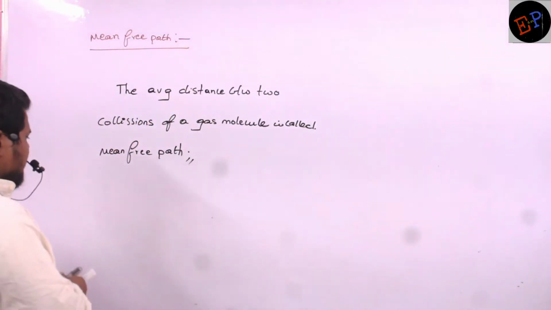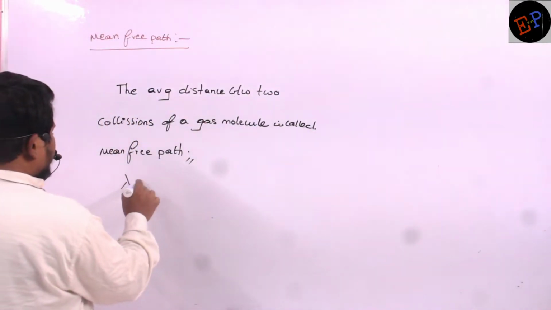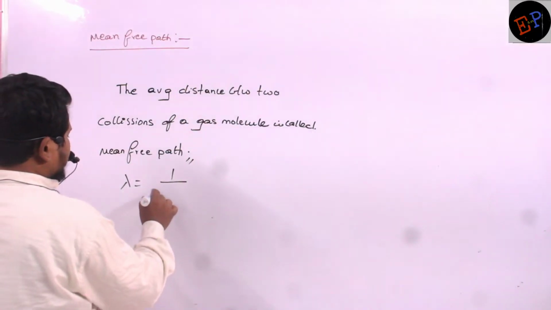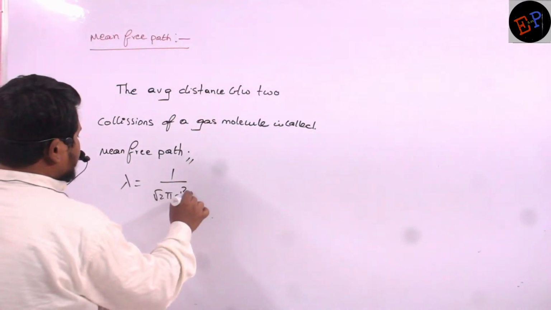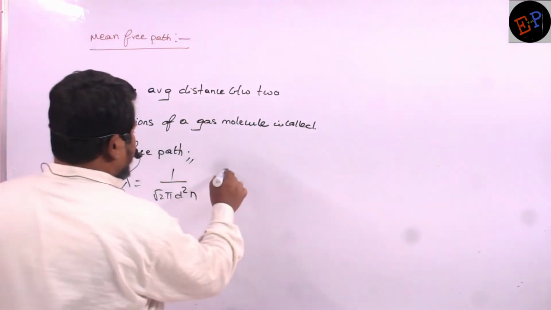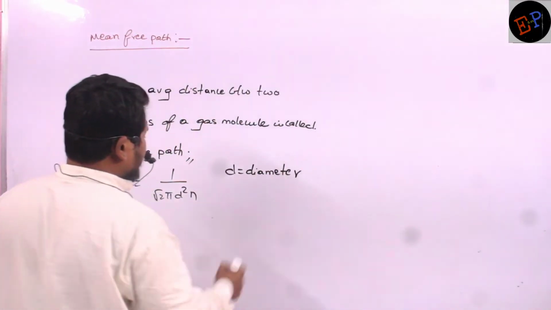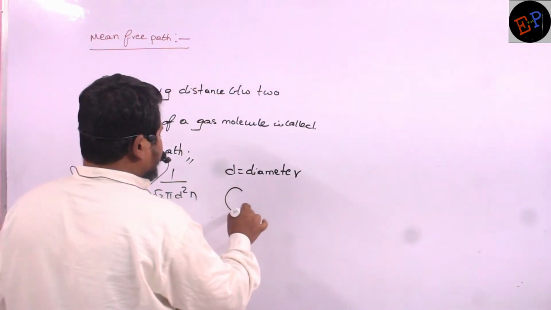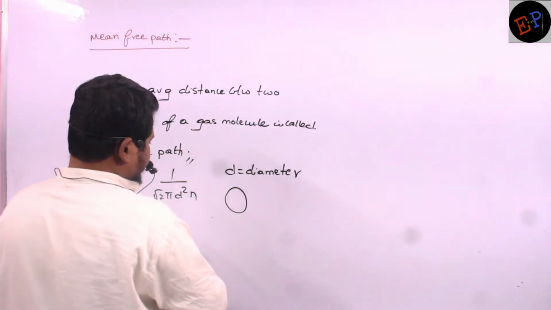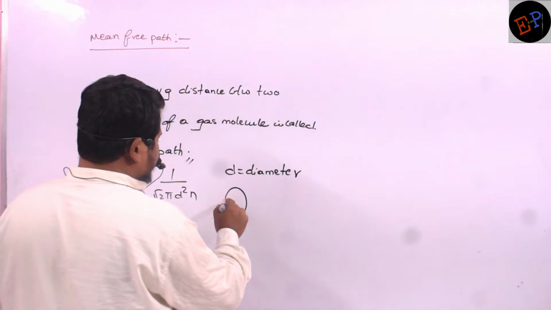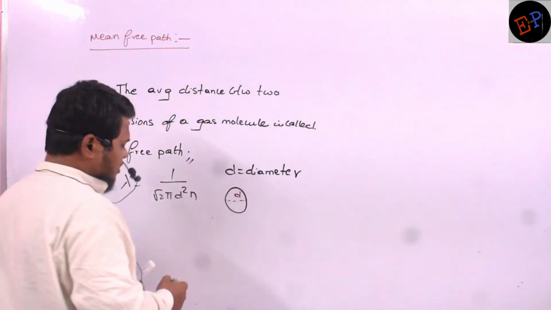And this equation is written as lambda is equal to 1 by root 2 pi d square into n. This is the equation, where d is the diameter of a molecule, or you can also call it sigma. For example, if this is the molecule, then what is meant by diameter? This distance is called the diameter of the molecule.